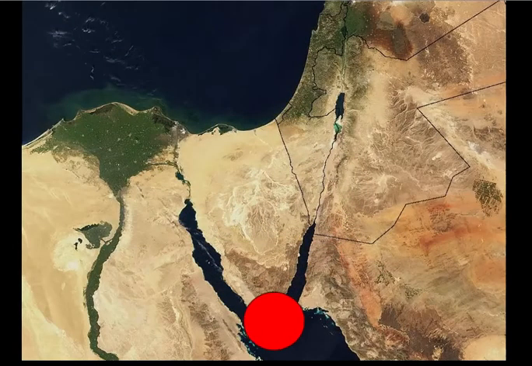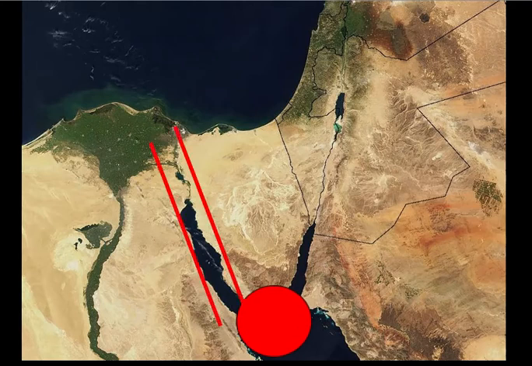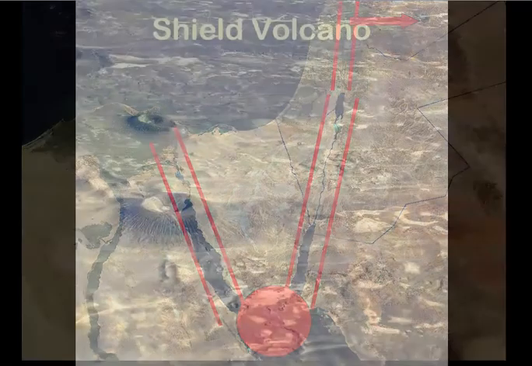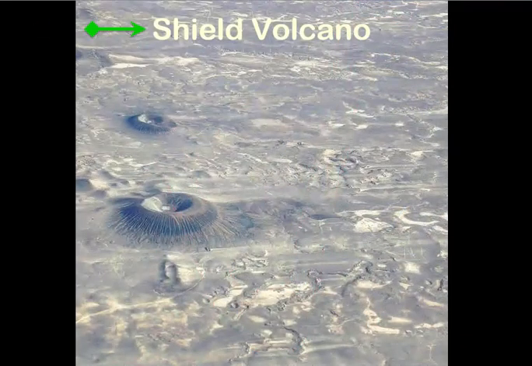Here, at the north end of the Red Sea, you can see this upwelling created fault zones going up into the Gulf of Suez, the Gulf of Aqaba, and the Dead Sea. Volcanism here in Syria is also of this basaltic nature, making shield volcanoes. Here you can see a shield volcano I photographed from the plane on the way into Damascus one year.